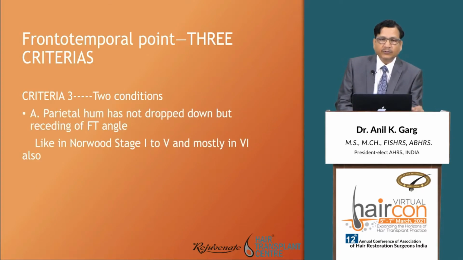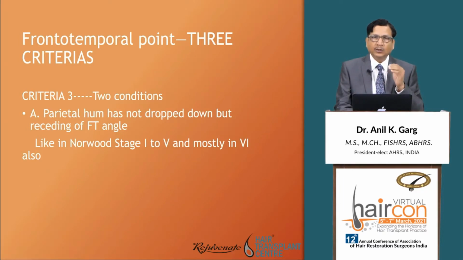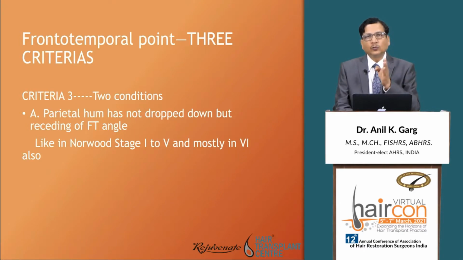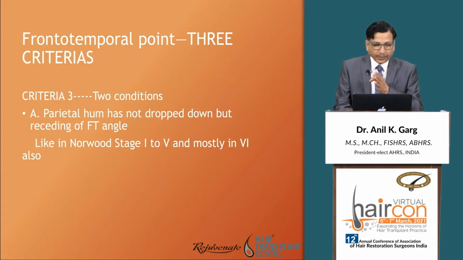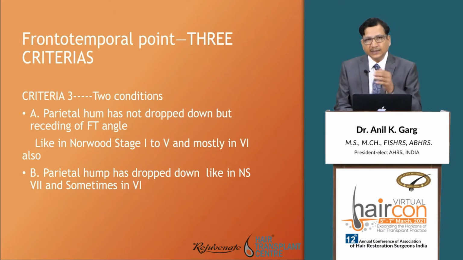There can be two conditions. One condition is where the parietal hump has not dropped down, but there is a receding of the frontotemporal point, like in Norwood stage 1 to 6 usually. And the second is where the parietal hump has dropped down, like in Norwood stage 7 and sometimes in 6 as well.